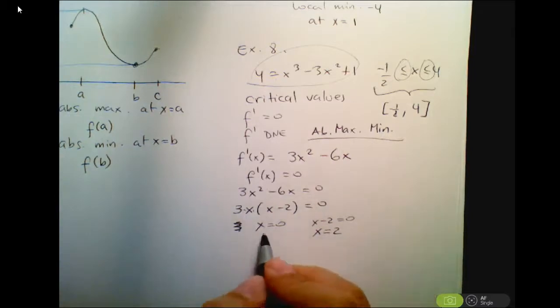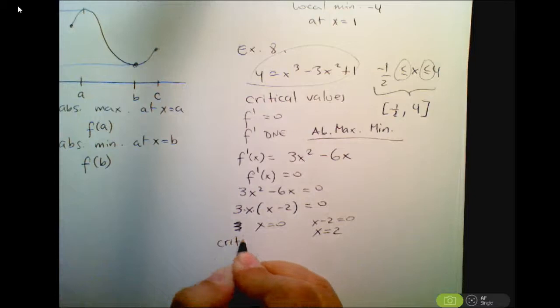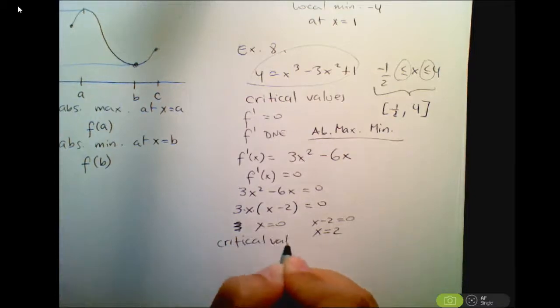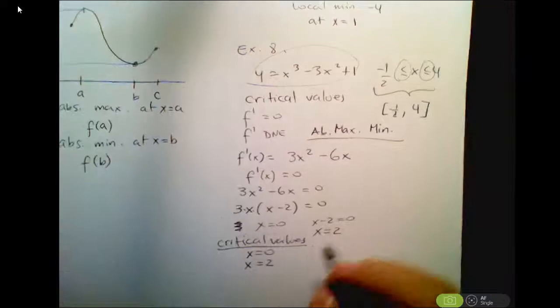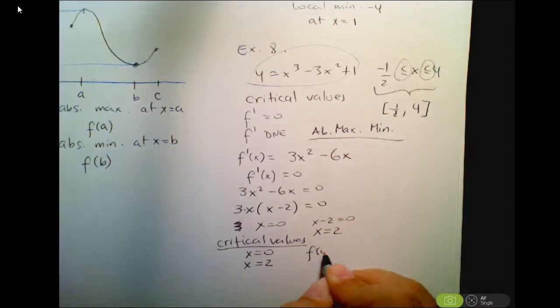So I have some critical values at x equals 0 and x equals 2. Now for those critical values, I must find how much f is at those 2 points.